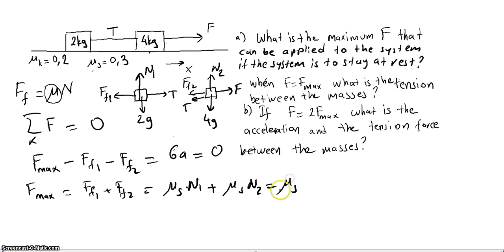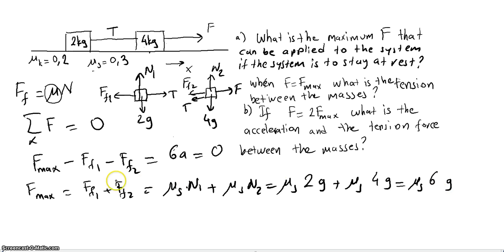Well, N1 is just the normal force between the 2 kilogram block and the surface, which is 2 times g, and the second normal force is just 4 times g, so this is equal to mu s times 6 g.